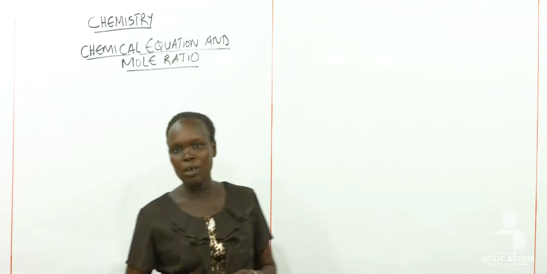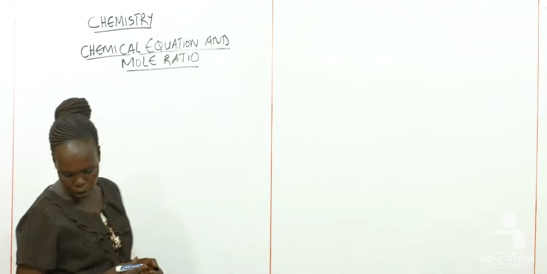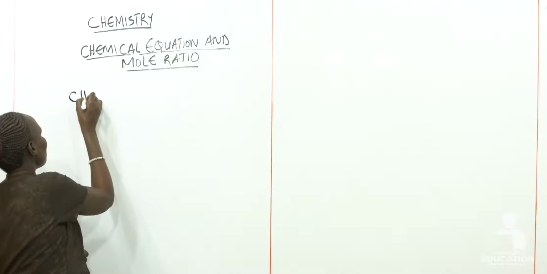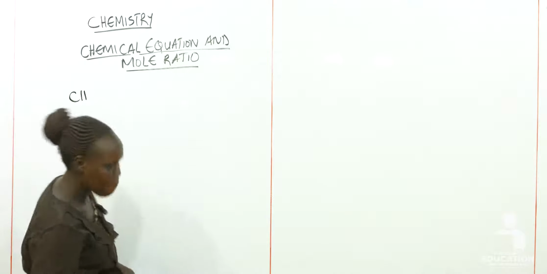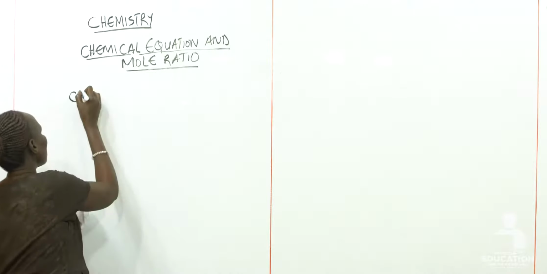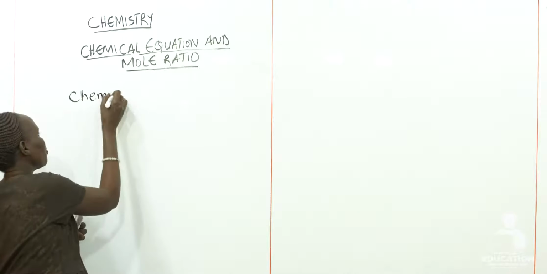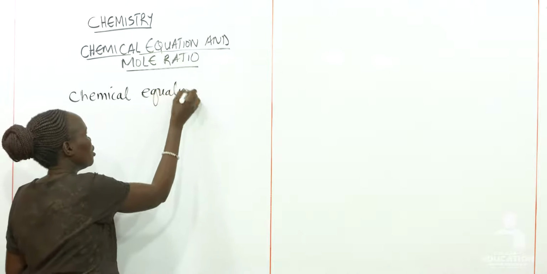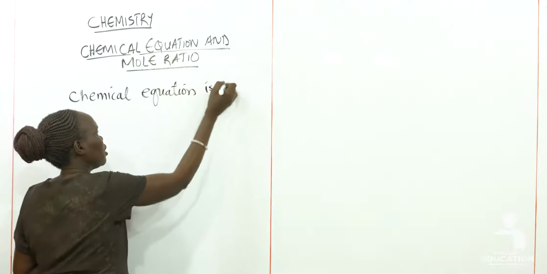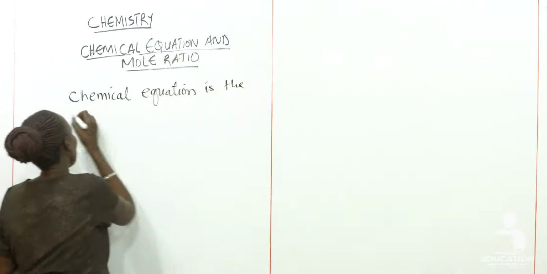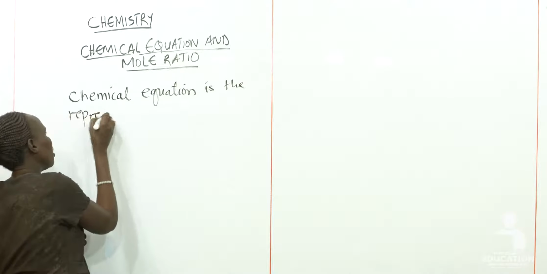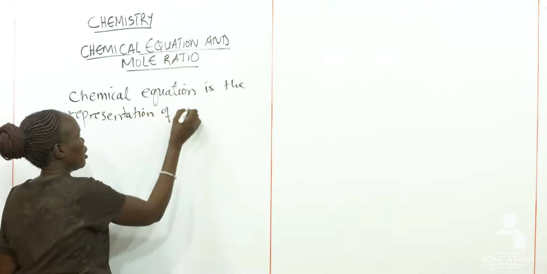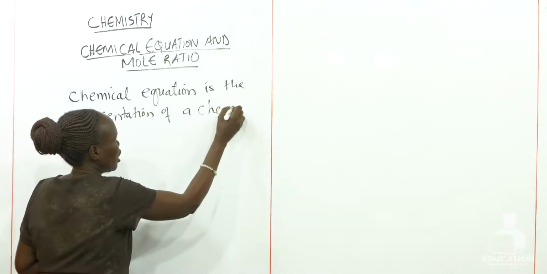So what is a chemical equation? A chemical equation is the representation of a chemical reaction.